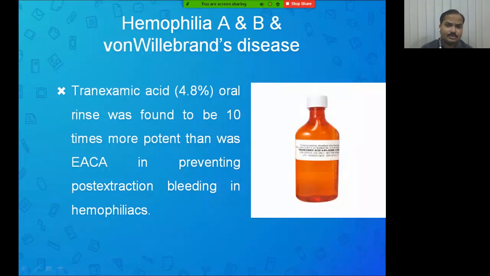Tranexamic acid 4.8% is available as an oral rinse. It was found to be 10 times more potent than EACA, or epsilon aminocaproic acid, in preventing post-extraction bleeding in patients with hemophilia. It's available as a solution or an oral rinse.